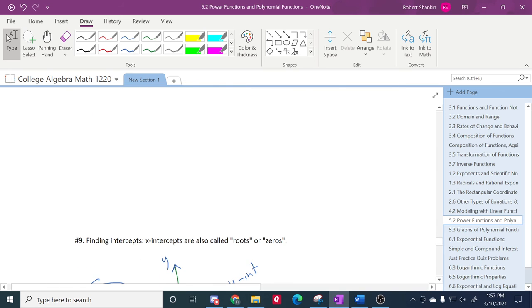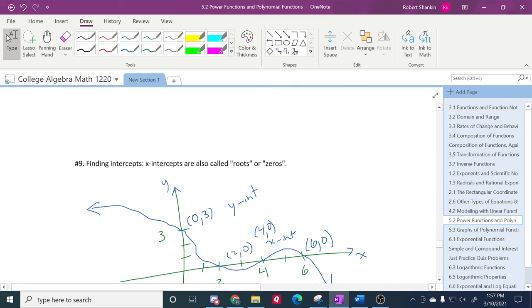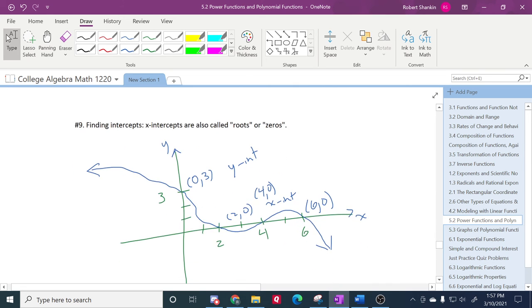All right, now finding intercepts. We've already done these before, but we're going to review them. X-intercepts are going to just have some new names. We call them roots or zeros. So here's a function that I drew, kind of a random one, but we already knew this.